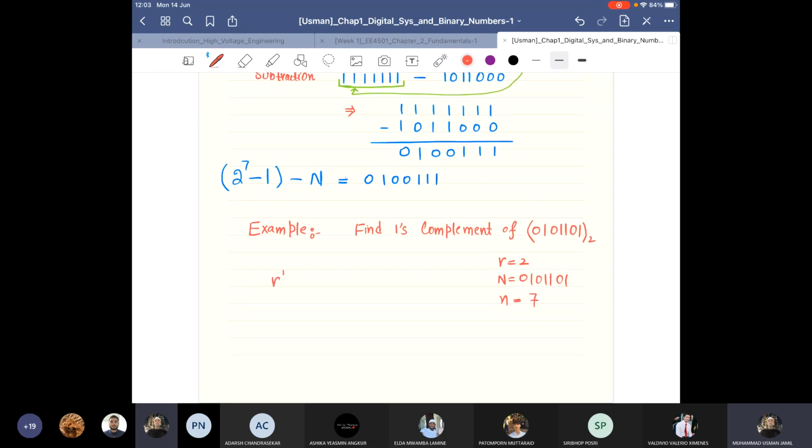So when you put in this formula R power n minus 1 minus N, so 2 power 7 minus 1 minus N, when you put here in the formula, so then you can get 1, 2, 3, 4, 5, 6, 7 minus N, which is your now 0, 1, 0, 1, 1, 0, 1. So the answer is here 1, 0, 1, 0, 0, 1, 0. So this is the answer.